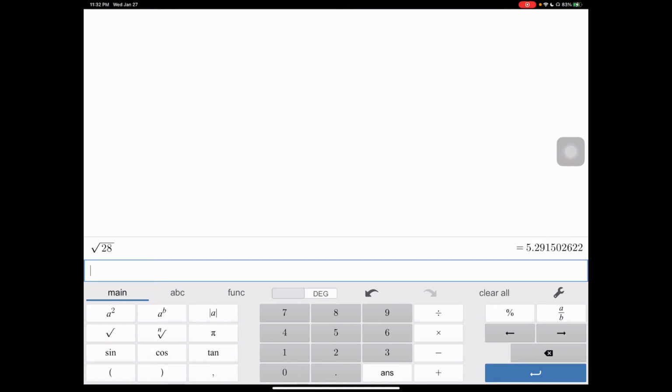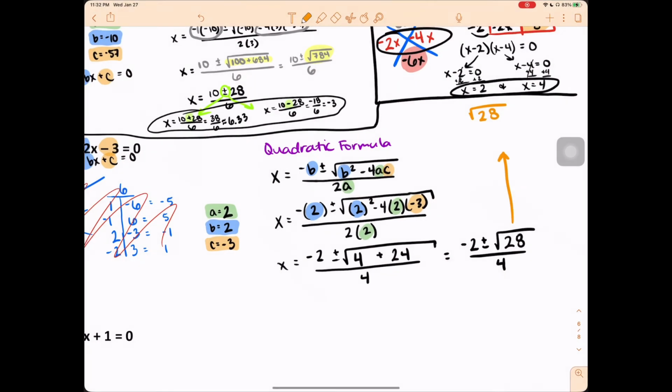So now I want us to think of some factors of 28. Well, let's see here. If I split this up into 2, the square root of 2 times the square root of 14, I still get the same thing, right? But 2 and 14, neither of those are perfect squares. So I'm trying to think of, okay, what other factors of 28 is a perfect square?